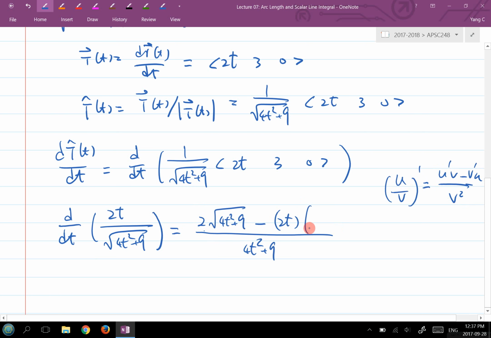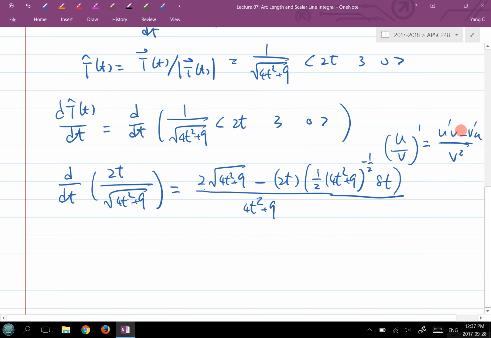V is the bottom, so v prime is 1 half times 4t squared plus 9 to the power negative 1 half, times the inside derivative, 8t. So that will be the v prime here. So this is what we end up with.